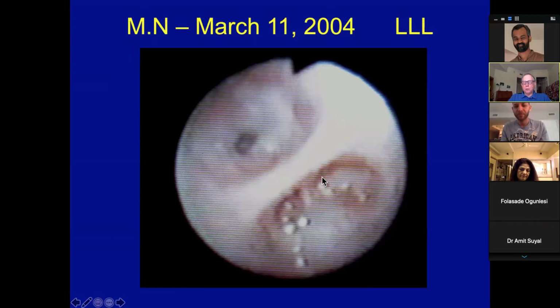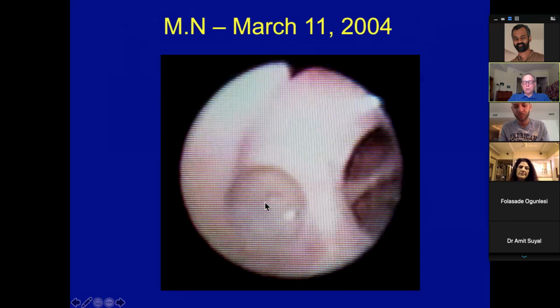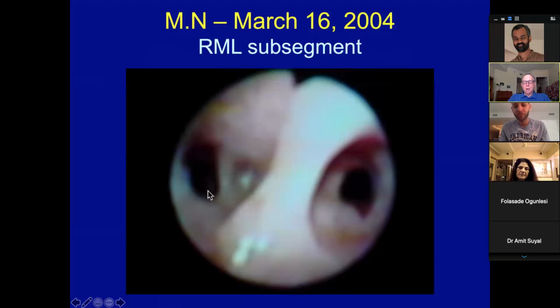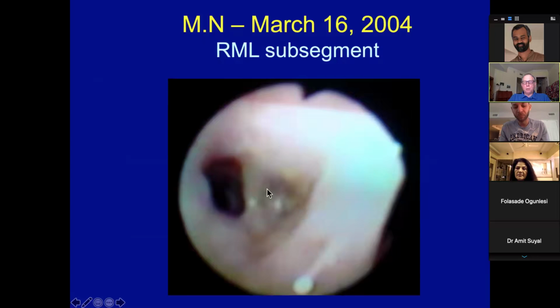And in fact, in the bronchoscopic procedure that followed, you see proximal bronchi that are completely obliterated, partially obliterated, completely obliterated in other regions. They tried to breach with a sharp instrument with little success. You can see a bronchus that is partially obliterated here, completely obliterated here, completely obliterated here, partial obliteration here.